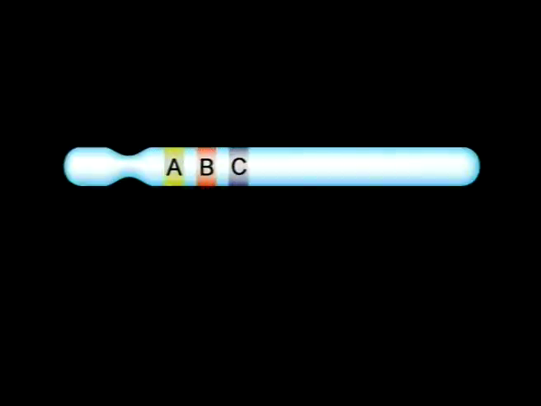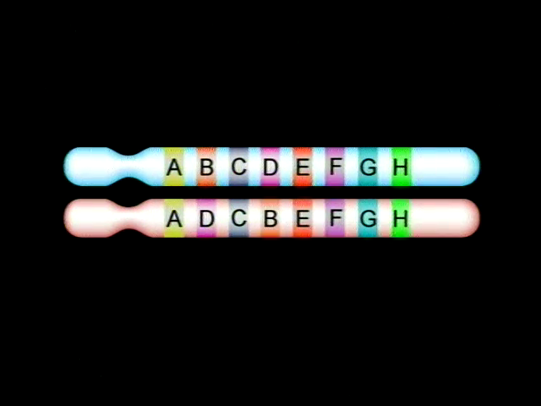The gene sequence in an inverted segment is exactly the opposite of that in its normal homologous segment. Therefore, inversions can be detected by a comparison of linkage maps of the normal and the inverted chromosomes.